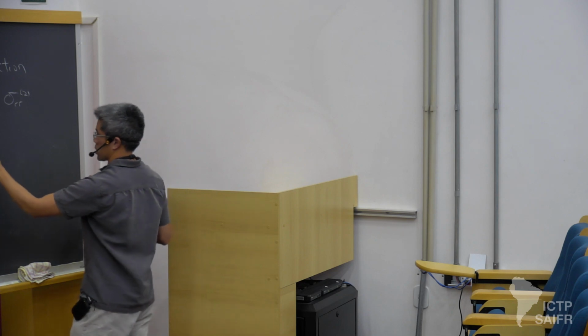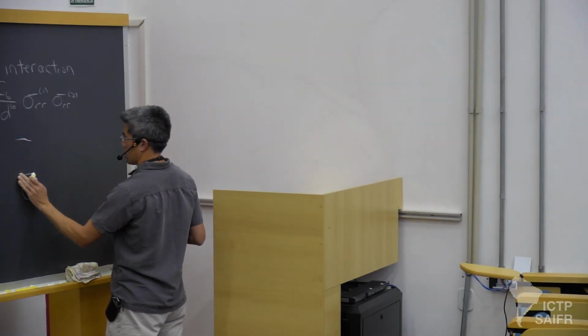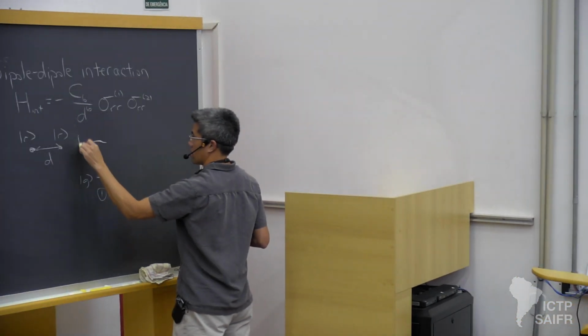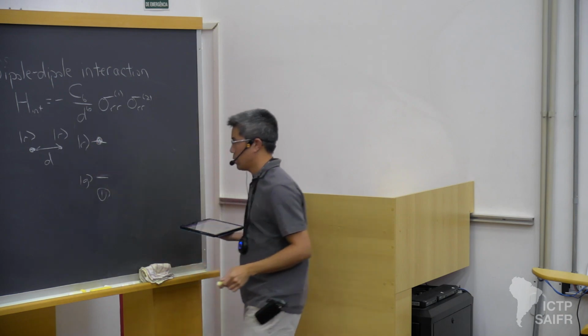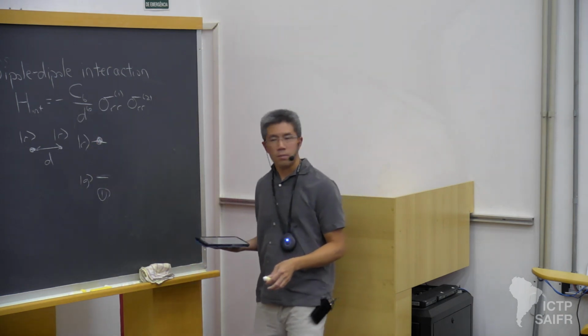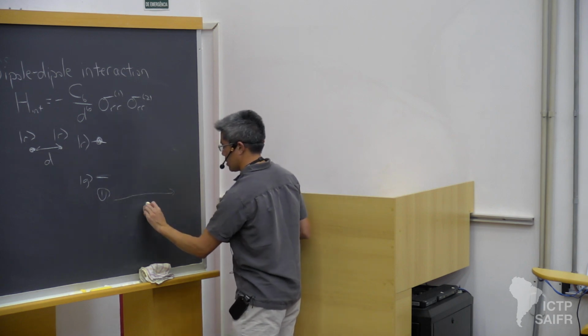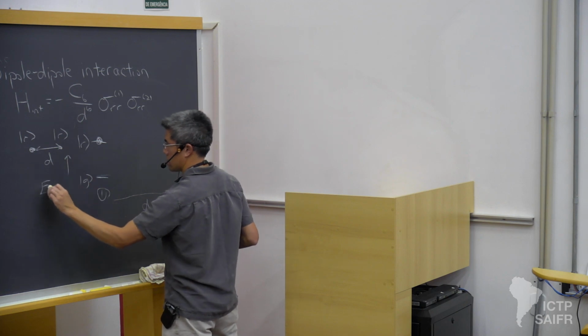So the cartoon picture, if you want, is if we call this atom 1, so we could call this some hypothetical ground state. Here's a Rydberg level. So imagine I plant atom 1 in the Rydberg state. And now as a function of distance, what I'm plotting on the vertical axis is energy.